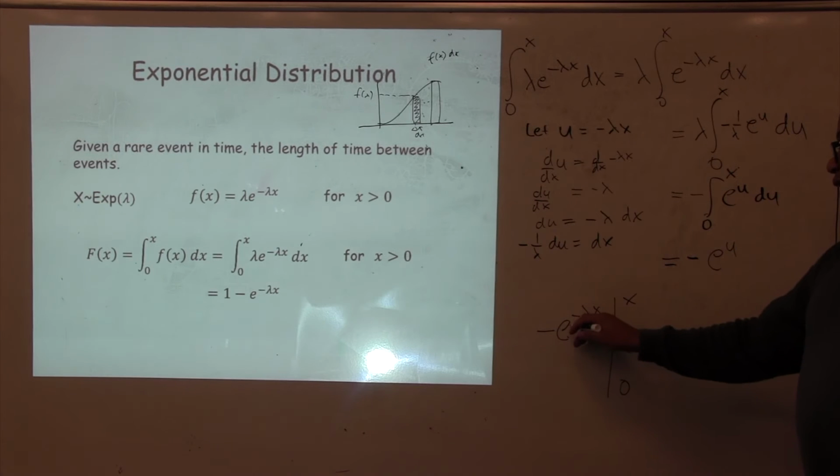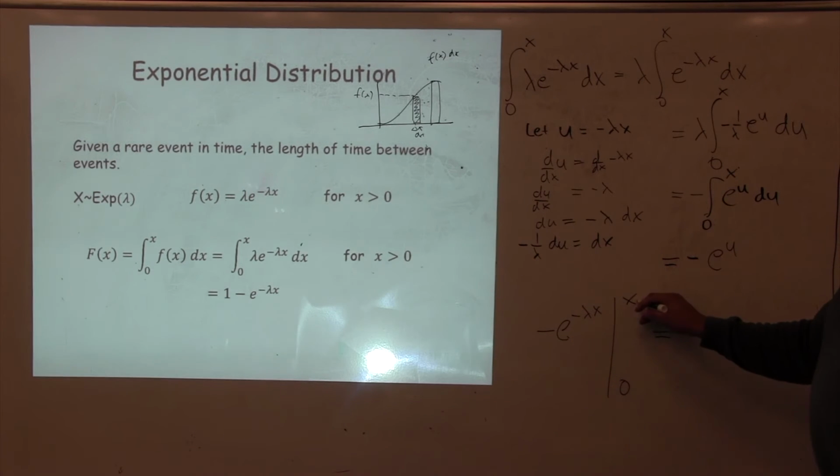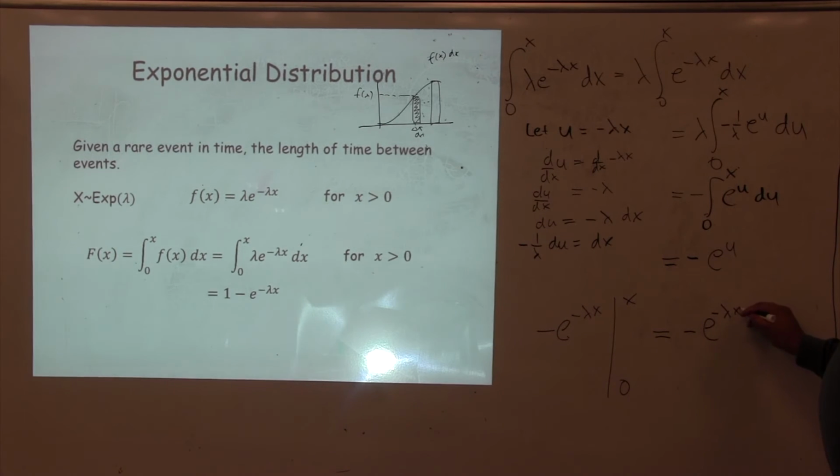So that's minus e to the minus lambda, substitute x, minus e to the minus lambda x, minus, substitute 0 in this x, minus e to the minus lambda times 0, right? Okay, so that makes it e to the 0 power.